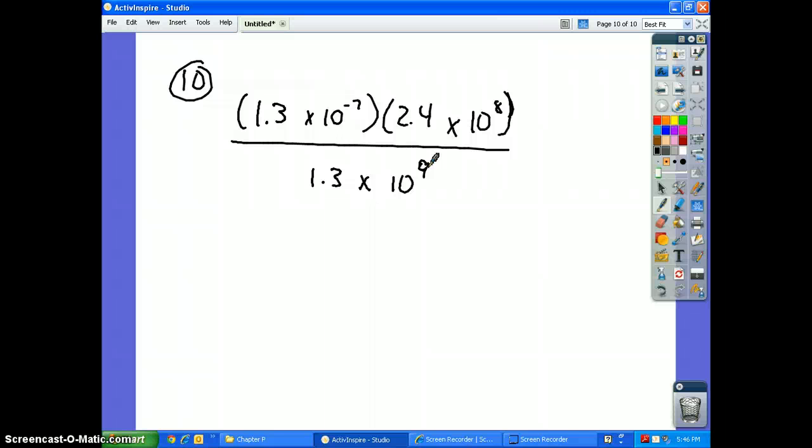Again, exponent-wise, you have 1.3 times 10 to the negative 7 on the top, and 1.3 times 10 to the 9th on the bottom. When you're looking at problem 63, one of the things you've got to pay attention to is this: you have the same base, so what you can do number-wise is multiply 1.3 times 2.4 together.